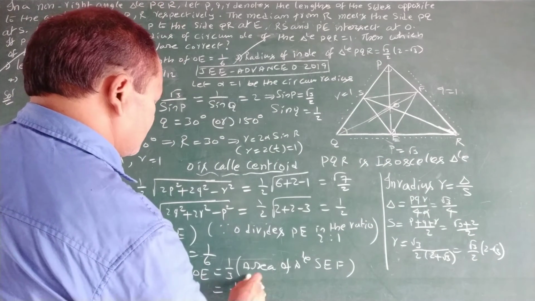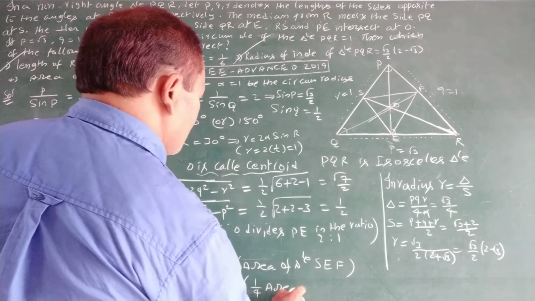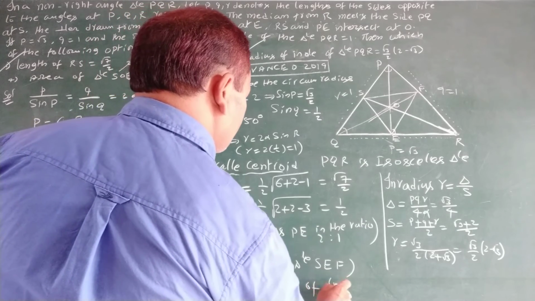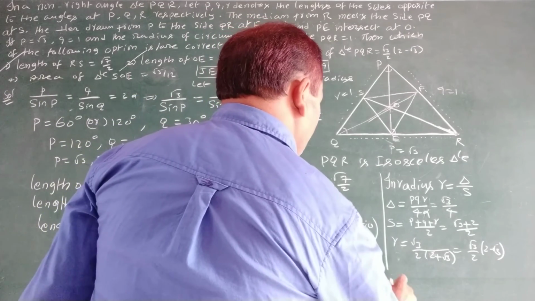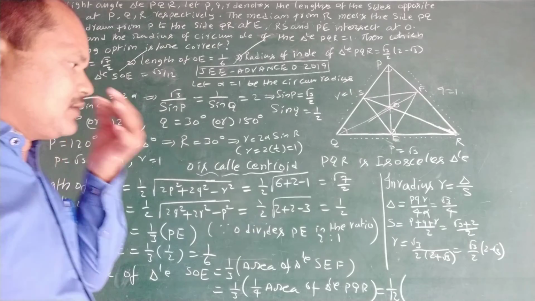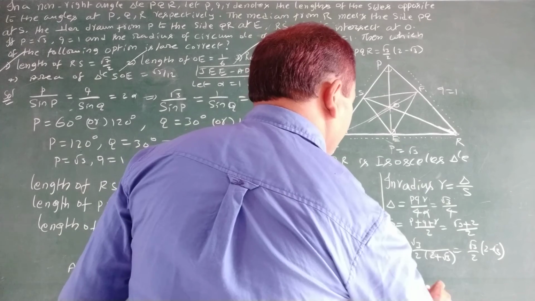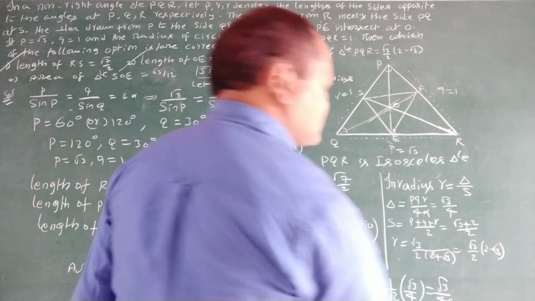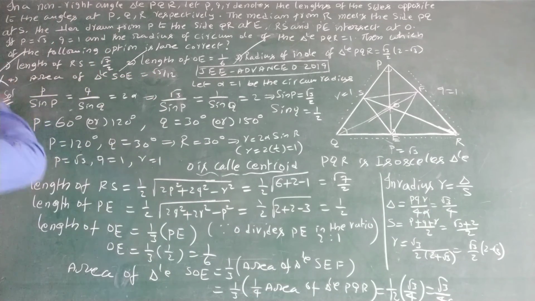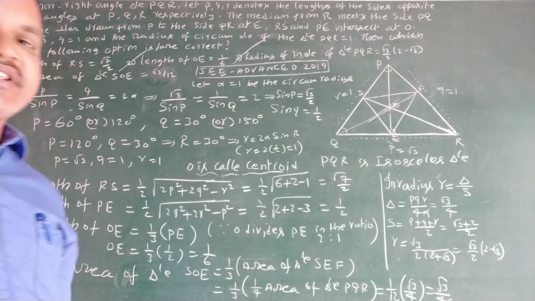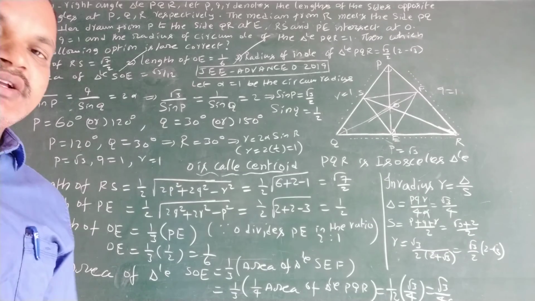That's why it is 1 by 3 into 1/4 of the area of triangle PQR, that is 1 by 12 into the area of triangle PQR, that is root 3 by 4. That's why it is root 3 by 48. But given there it is root 3 by 12. That's why the fourth option is not correct. So the first, second and third options are correct. The fourth option is not correct. That's all.